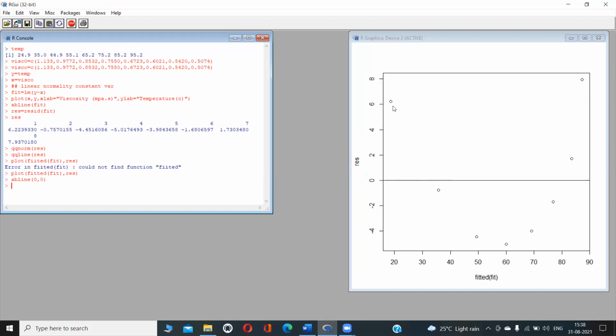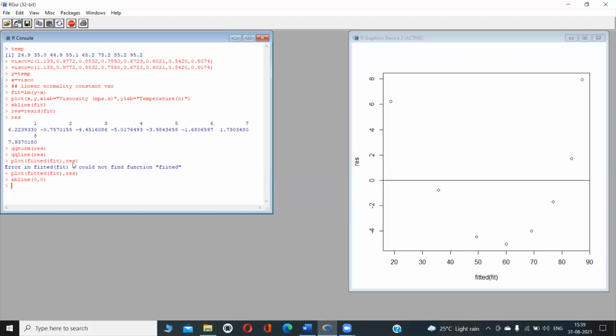You can see that these residuals are forming some sort of curve. When we say there's a constant variance, there is no pattern that the observations form, meaning the residuals are randomly allocated, and we want them within one band. But here you can see that they are forming a pattern. So the constant variance assumption is also not satisfied.